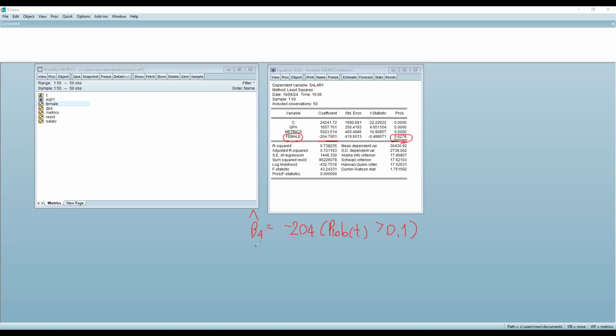First, you can say that female has lower salary by $204 than men, than male, but not significant, or you can write insignificant, that's okay.